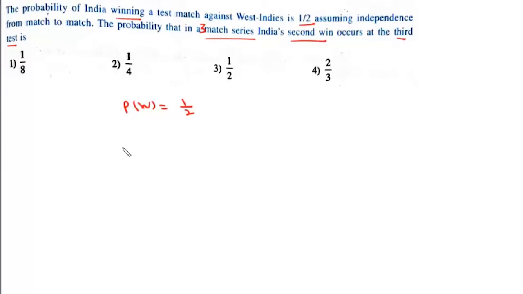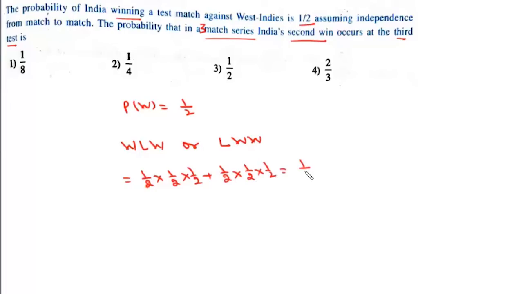So it could be win, loss and win, or it could be loss, win and win. So these are the only 2 possibilities. Now the first one is 1 by 2 into 1 by 2 into 1 by 2, plus 1 by 2 into 1 by 2 into 1 by 2. So it is nothing but 1 by 4, and that's your option 2.